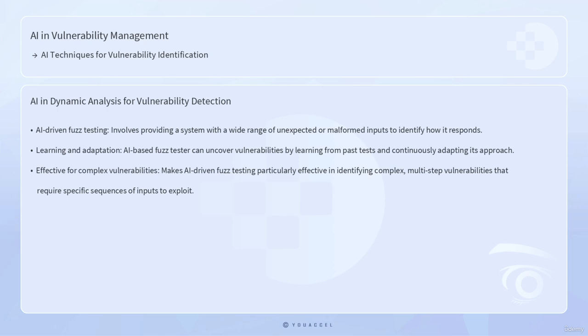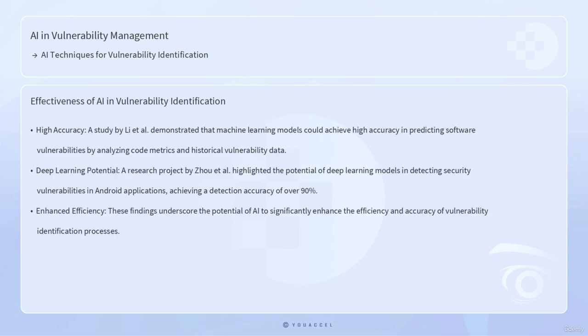By learning from past tests and continuously adapting its approach, an AI-based fuzz tester can uncover vulnerabilities that might be missed by traditional fuzzing methods. This dynamic and adaptive approach makes AI-driven fuzz testing particularly effective in identifying complex, multi-step vulnerabilities that require specific sequences of inputs to exploit. The effectiveness of AI in vulnerability identification is substantiated by various studies and real-world applications.